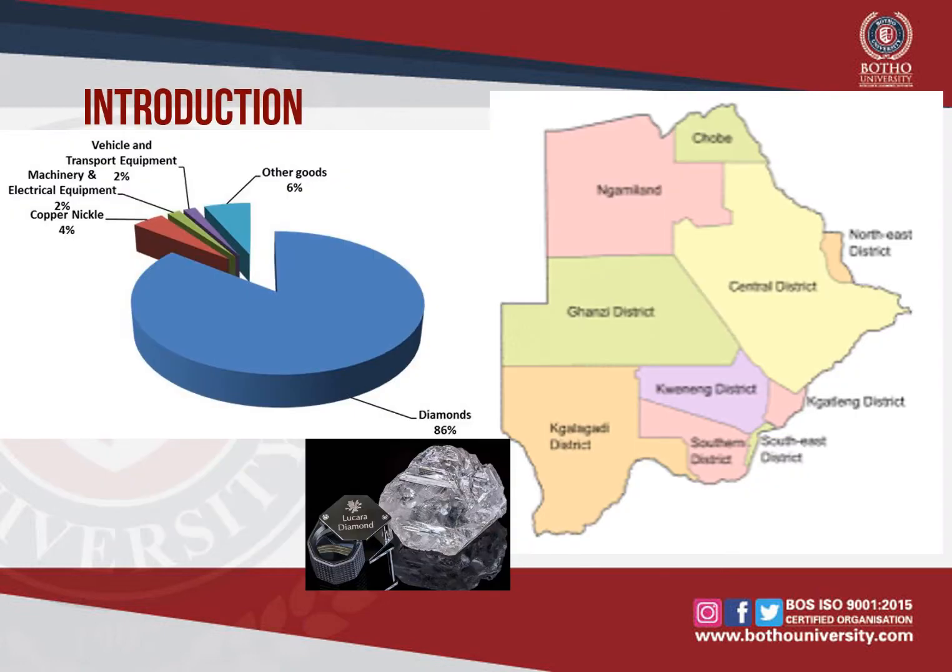Please note that there are 10 districts, with the southern districts majorly populated. About 86% of the country's income is from diamond mining. Yes, the country is very rich and the population is very low, about 2.3 million.